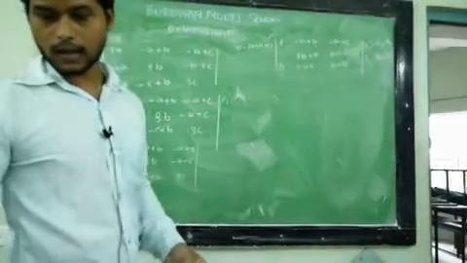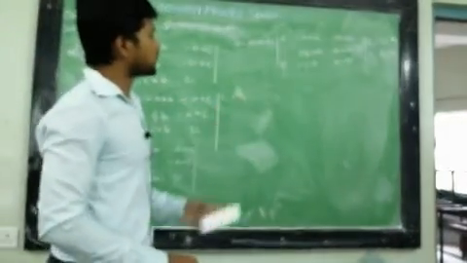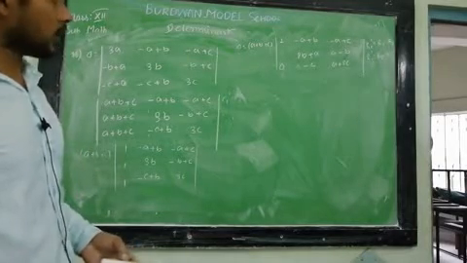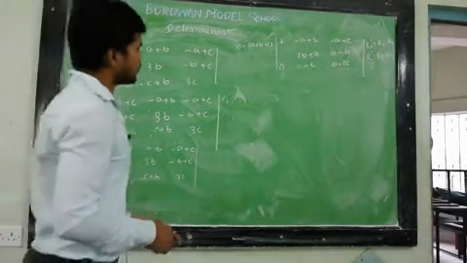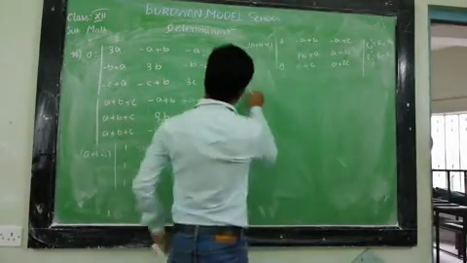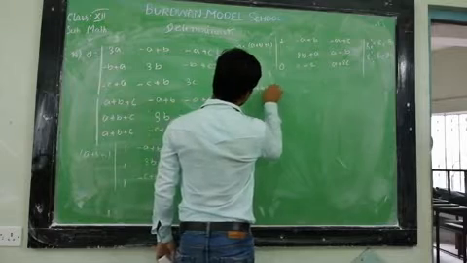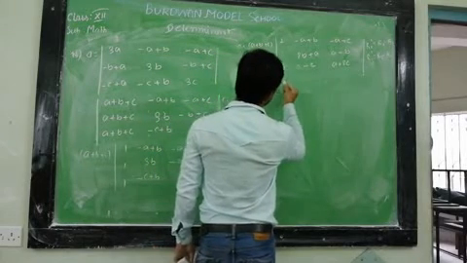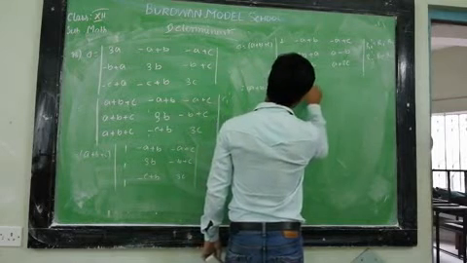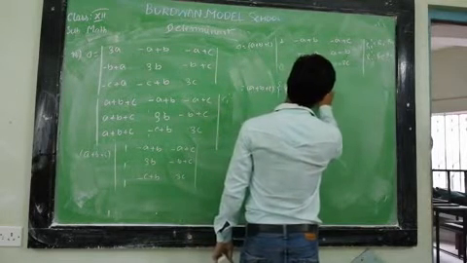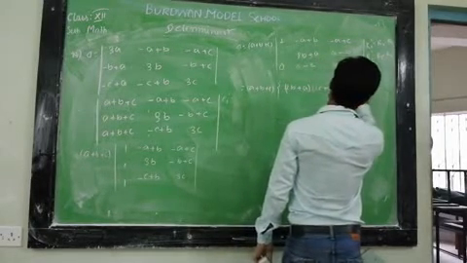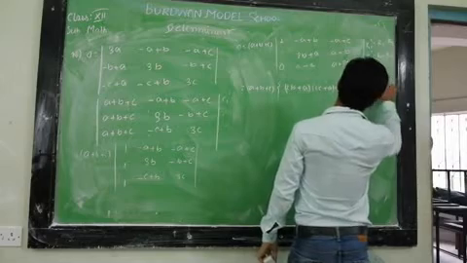Now expand the determinant along the first column. Then we have a plus b plus c into the determinant 2b plus a, a minus c; a minus b, 2c plus a.